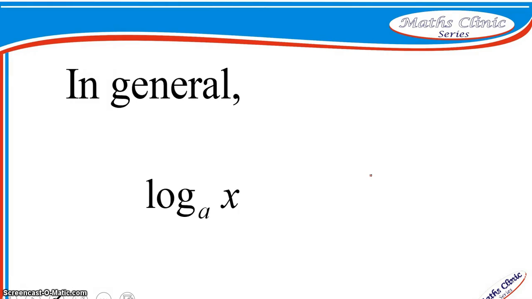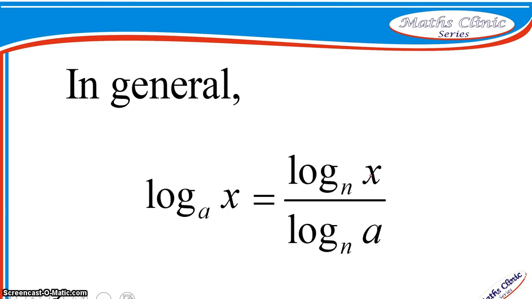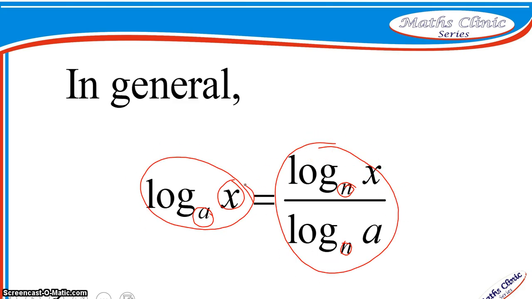Again, let's say in general, if I have log base a x and I want to change the base a to any base, then I must change the base, and then keep the x as numerator and keep the a as denominator. In that case, the value over here will be the same as the value I'll get for this one.